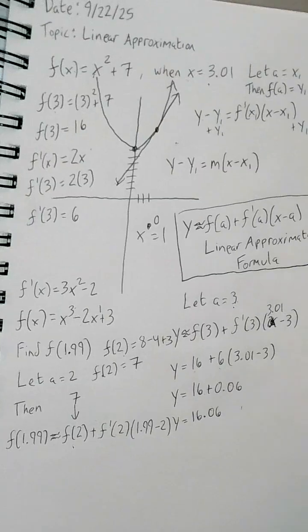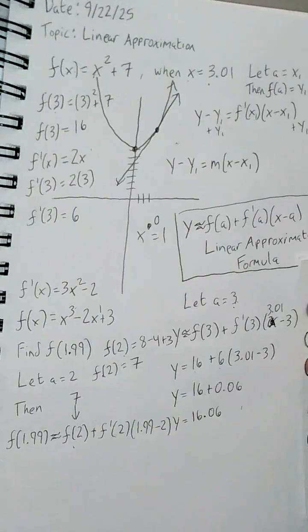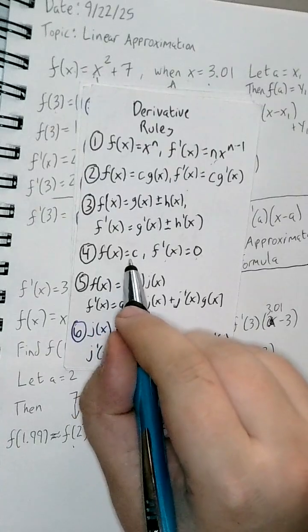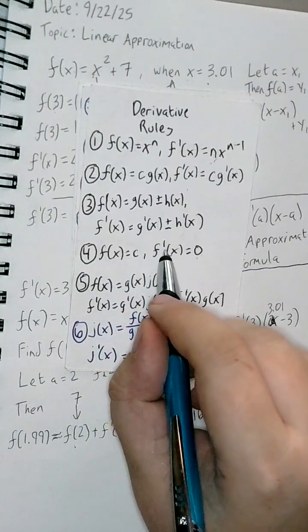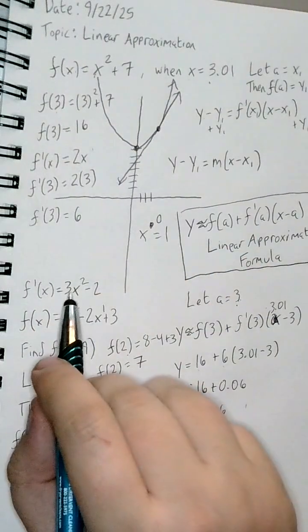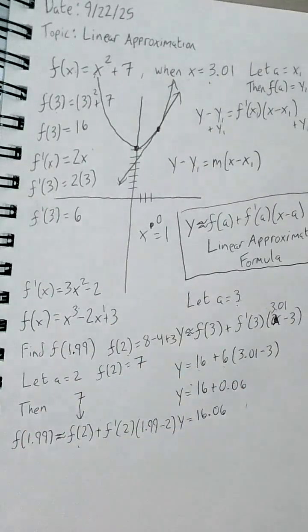Now the derivative of plus 3, well, 3 doesn't have a variable next to it, so it's a constant. And if f of x is equal to a constant, then f prime of x is going to be 0. So this is essentially 3x squared minus 2 times 1 plus 0.